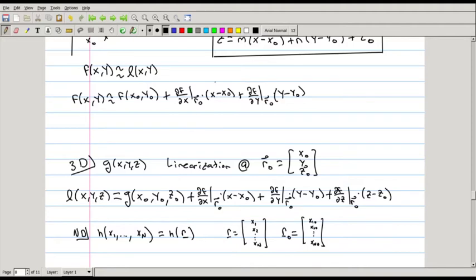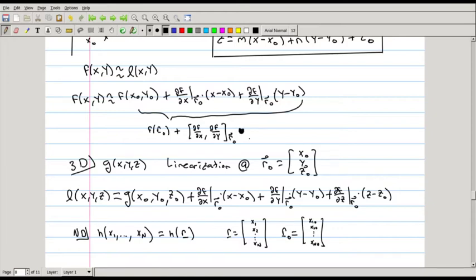If you look at the linearization formula in 2D, a little bit of thought and knowledge of what's called the dot product, the vector dot product, will allow you to realize that this is really just the same thing as the function evaluated at the point r naught plus the vector dot product of the gradient at the point r naught with the vector (x minus x naught, y minus y naught).